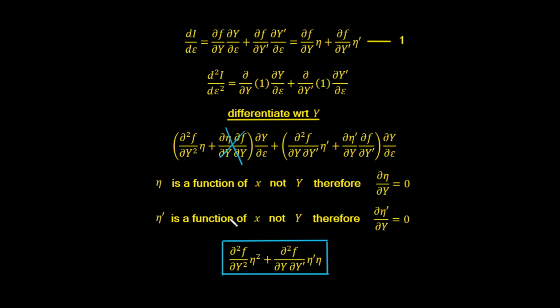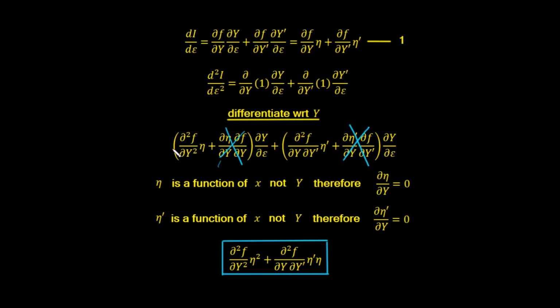Now the next value here, eta derivative, well, it's a function again of x, it's not a function of y. So it means that the partial eta derivative by partial y is equal to 0. So this term here, partial eta derivative by partial y, disappears.